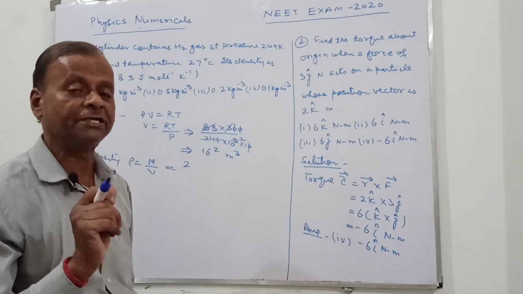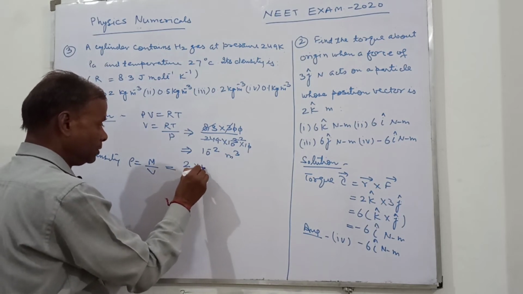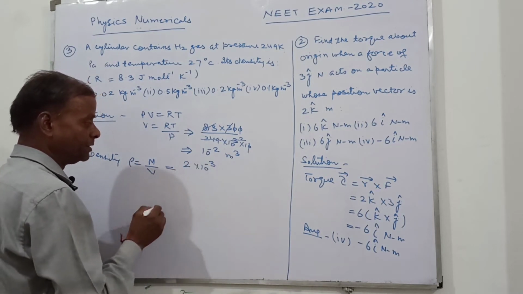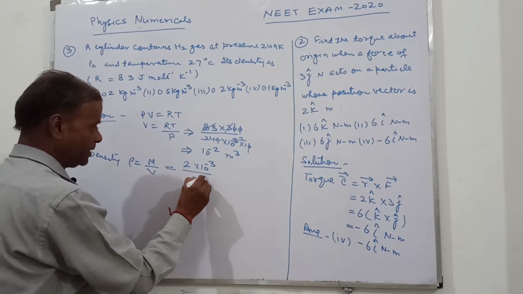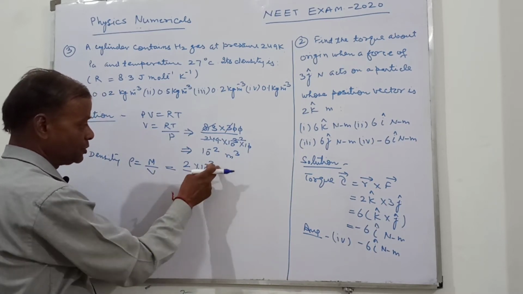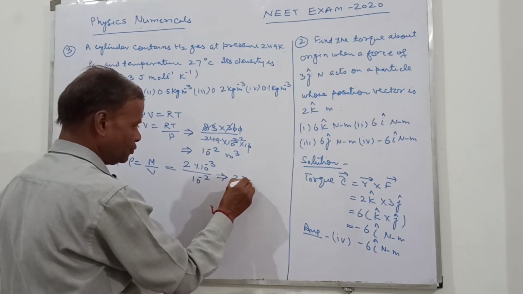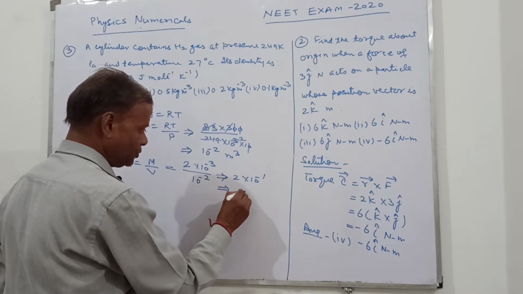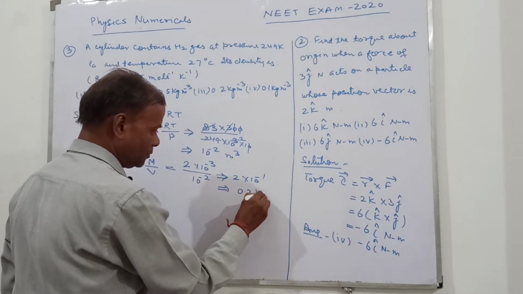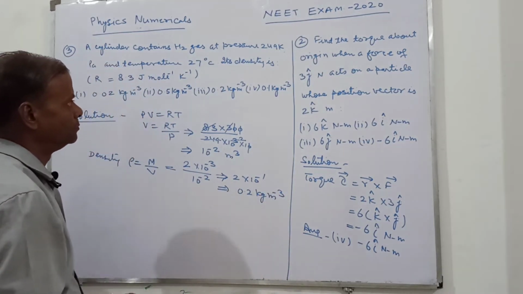You convert this into kilogram: 2 into 10 raised to the power minus 3 upon V, which is given to you as 10 raised to the power minus 2. Simplifying, this will be 2 into 10 raised to the power minus 1, so this is now 0.2 kilogram per meter cube.